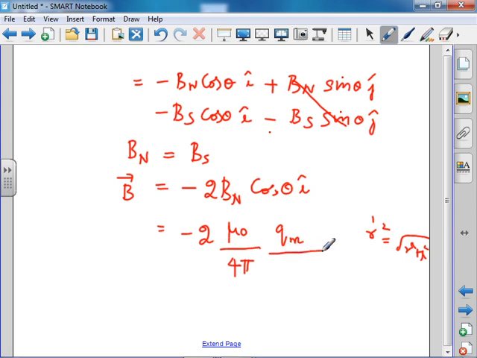So we substitute the value here as distance square, so it is r squared plus L squared the whole power half into half. How did that come? Actually, what is the value of r dash? The value of r dash is only the square root of r square plus L square. When asked for r dash squared, on squaring this again we get only r square plus L square.